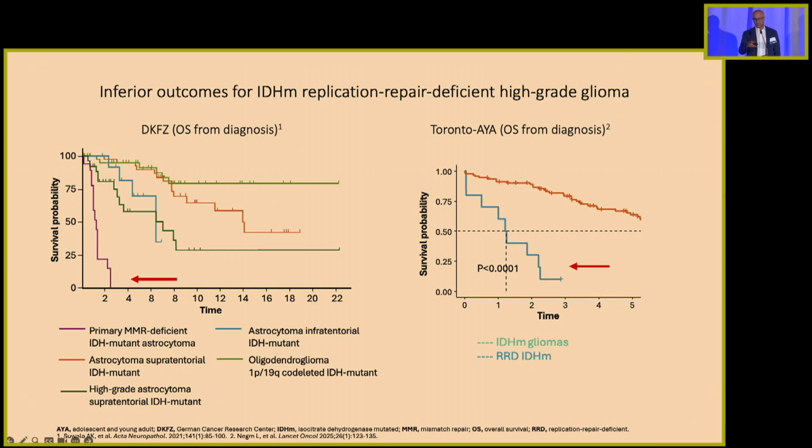And you can see the survival there in both the German group and our Toronto group. You can see when we treat these patients with combination therapy, again, these are IDH mutant tumors in patients who have mismatch repair deficiency, they have fantastic survival. And what I'm not showing here is the curve for survival using chemoradiation. These are patients who do terribly with temozolomide chemoradiation.